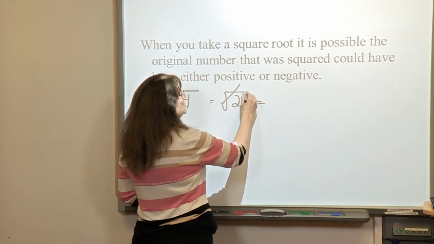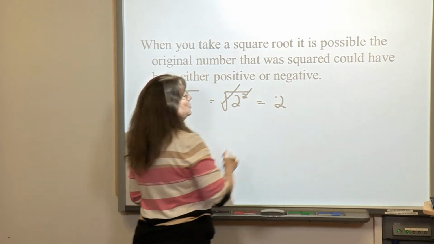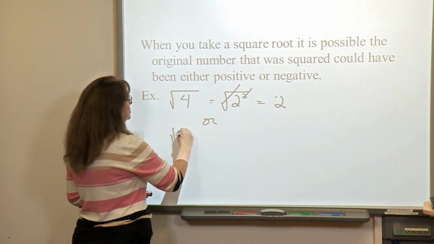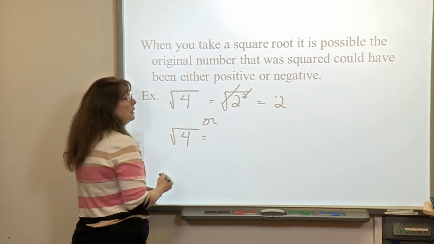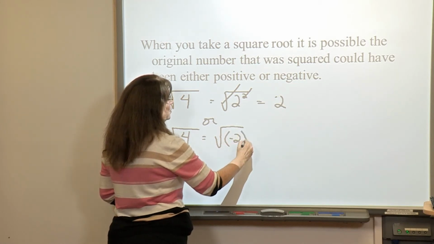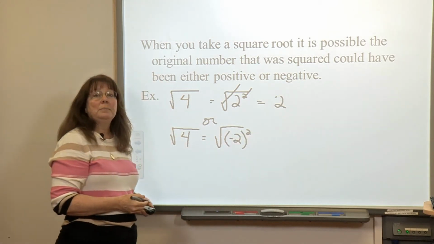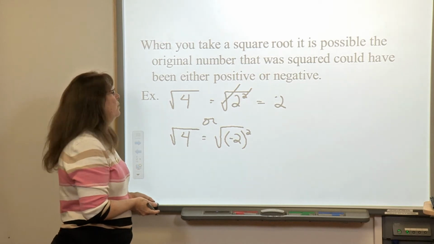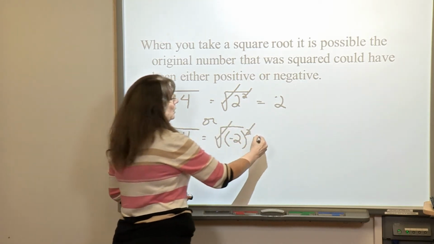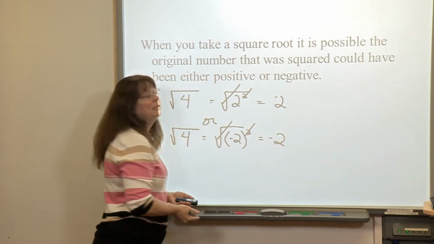So the square root and the square cancel, and I get the value 2. Or I could think of the square root of 4 coming from the value negative 2 squared, because negative 2 times negative 2 also gives me 4. So when I take the square root and the square, I could end up with negative 2.